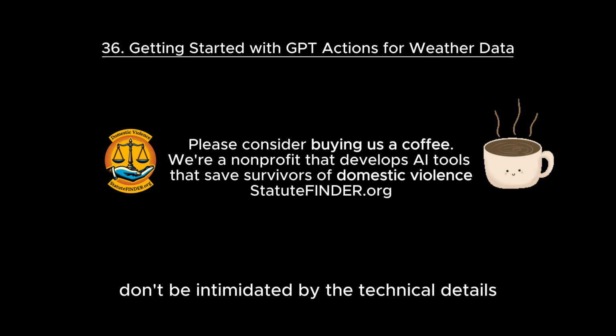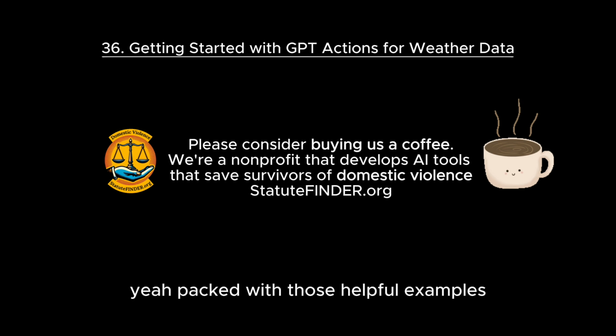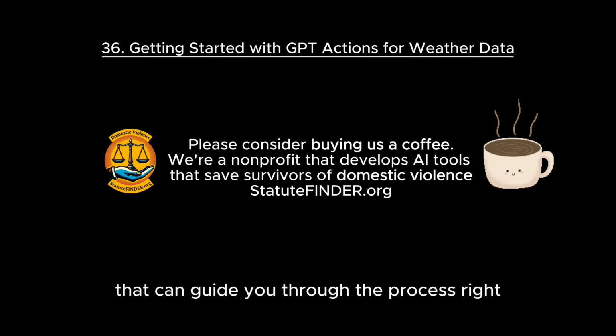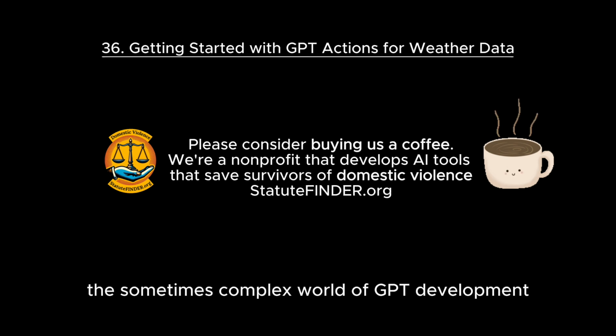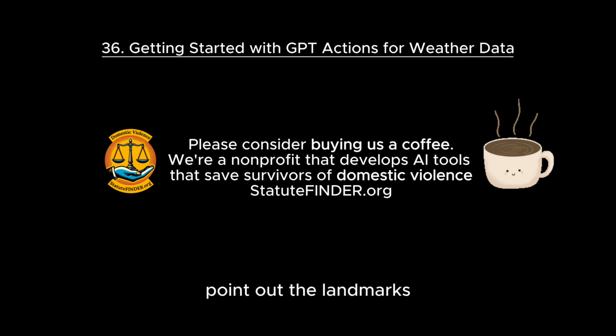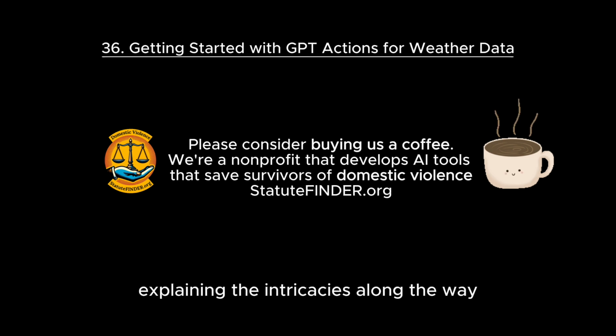Don't be intimidated by the technical details or the jargon. The documentation is incredibly well written, packed with helpful examples and explanations that can guide you through the process. It's like having a friendly guide leading us through the sometimes complex world of GPT development, pointing out the landmarks, explaining the intricacies along the way.